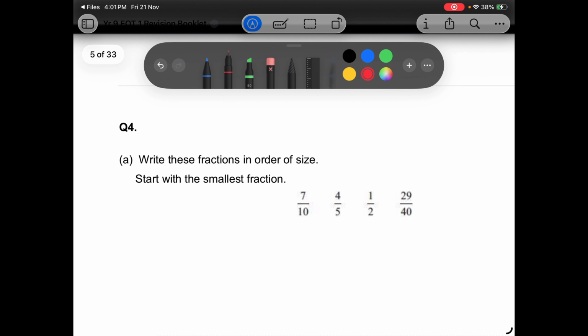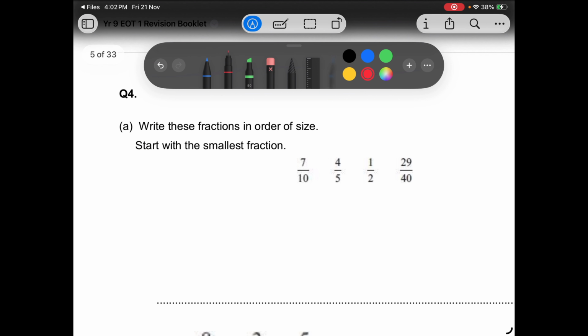So I will start by solving this without a calculator. What I need here is the least common multiple for these denominators.